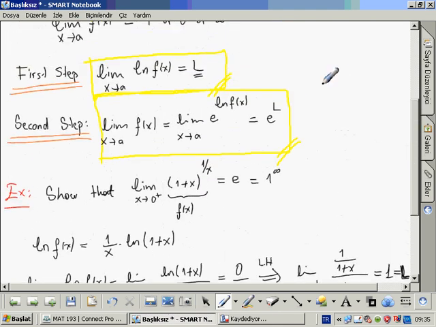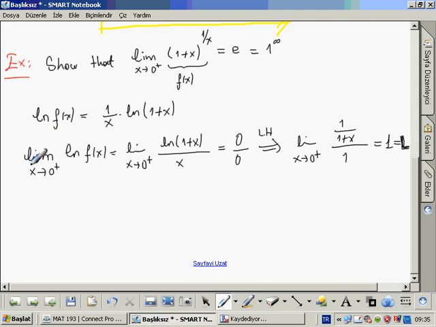Don't forget, this value is L. After that use the second step: the limit as x approaches 0 from the right-hand side of f of x equals the limit of e to the ln of f of x.